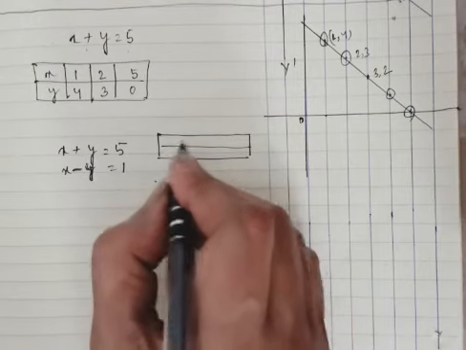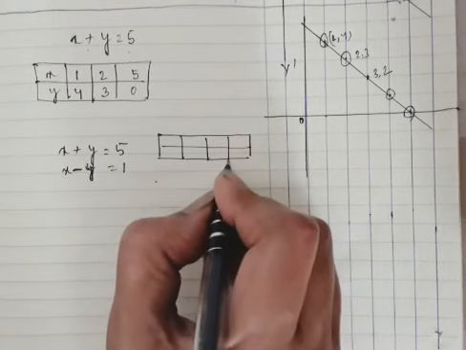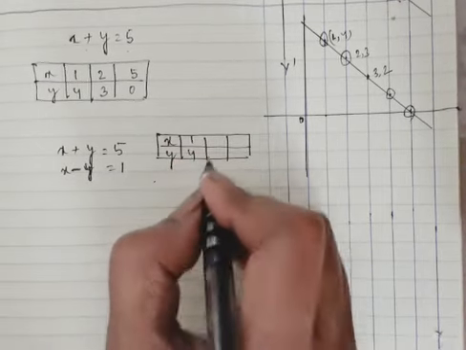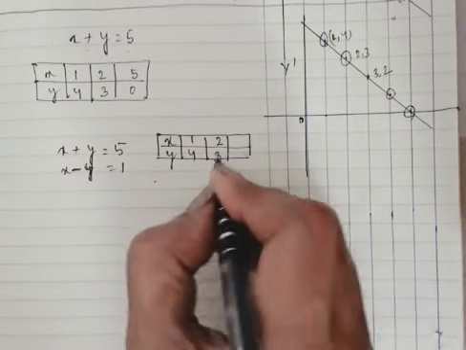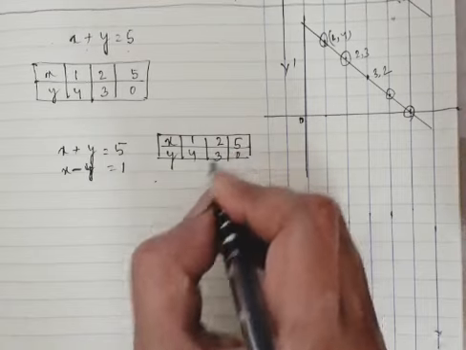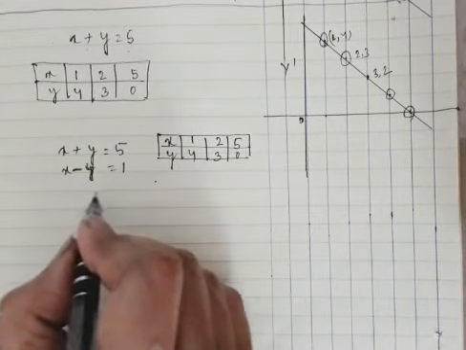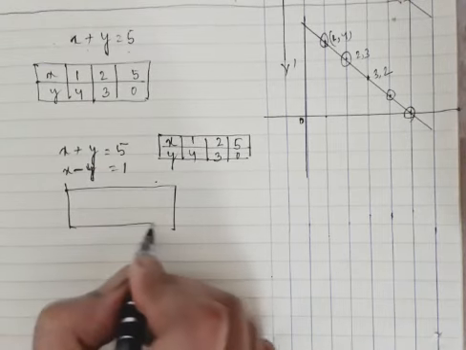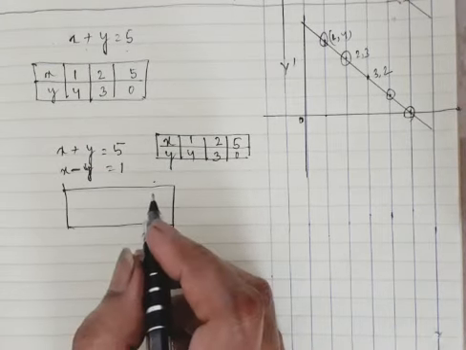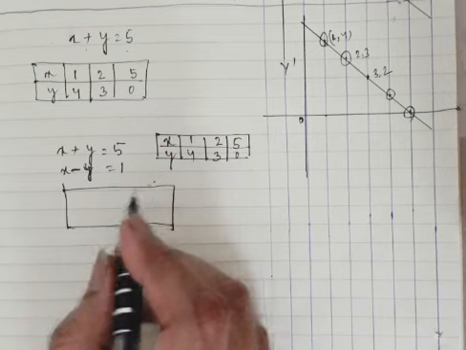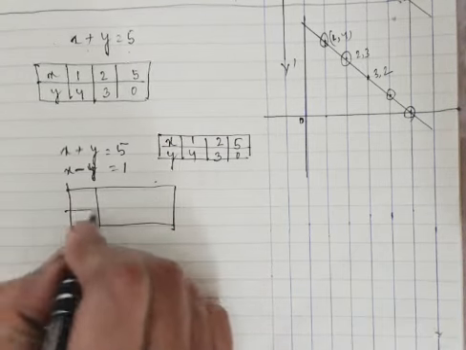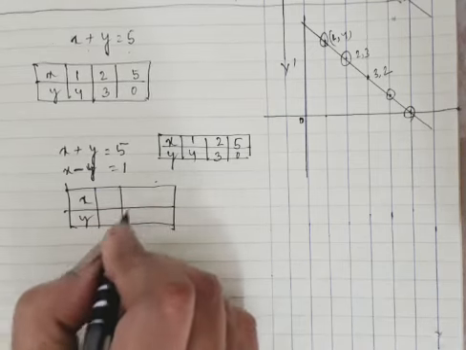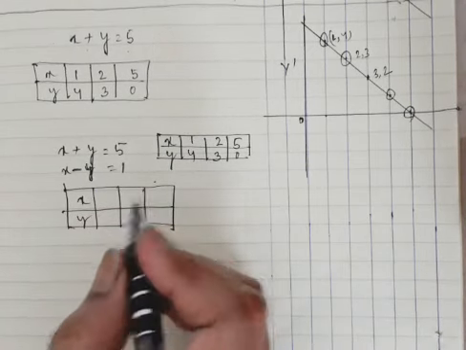For the first equation, I am taking the same solutions so that it will be easy for you: x, y: 1, 4; 2, 3; 5, 0. For the second equation, let us take the solutions; minimum always take 3 solutions.